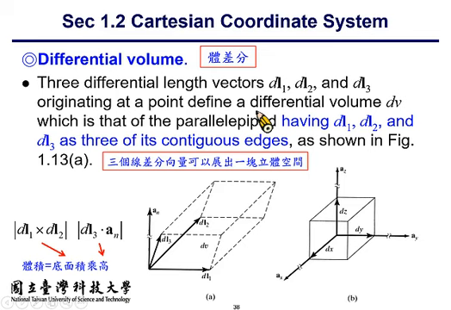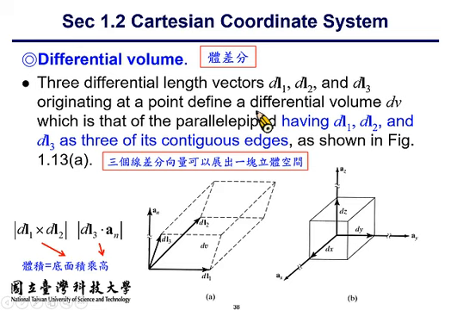Note that in our first two lectures, we have already introduced the idea of a scalar triple product. That is A dot B cross C. And the differential volume is defined in the format of scalar triple product.